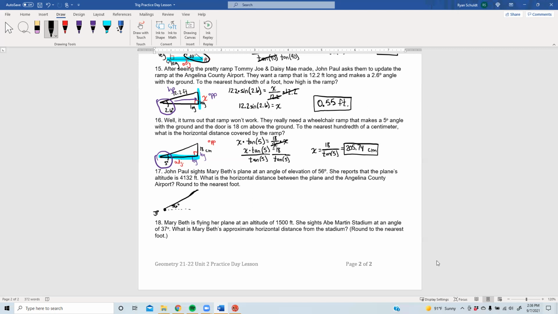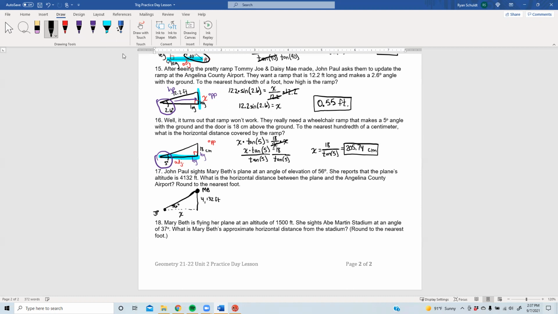So he finds her, Mary Beth, up in her plane. And she reports her altitude is 4,132 feet. Find the horizontal distance between the plane and the airport.